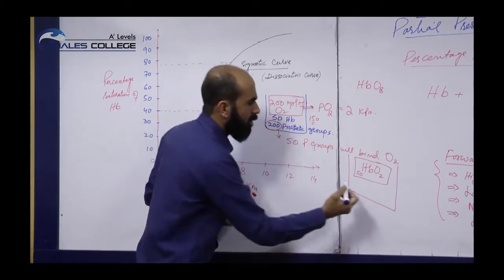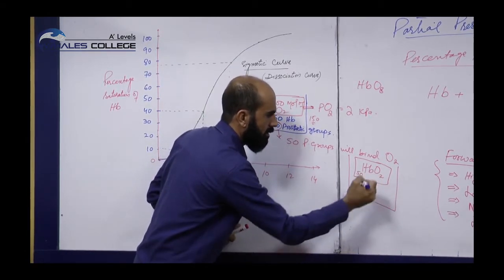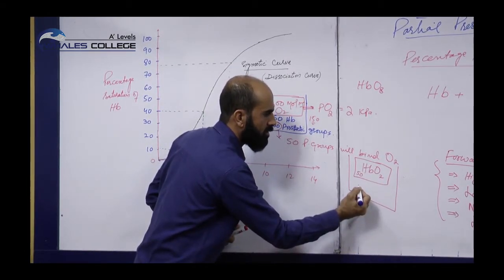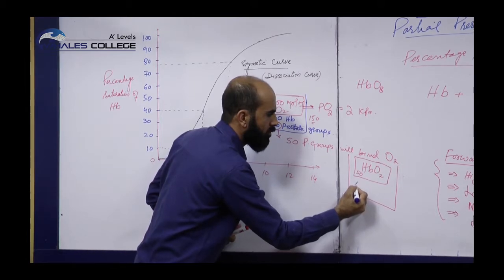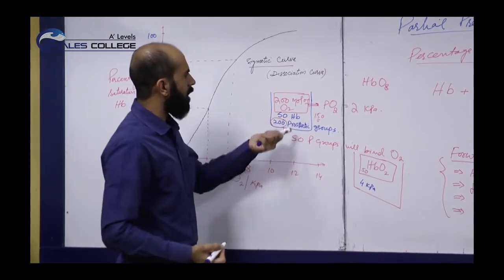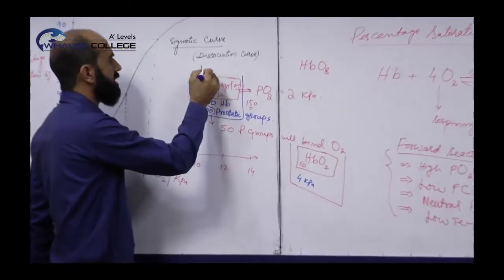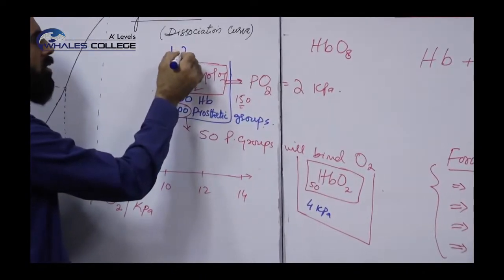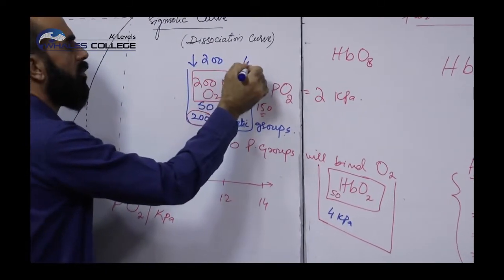And here again, we have increased the partial pressure of oxygen up to 4 kilopascal from 2. Or you can say we just increase the number of oxygen molecules here, 200 more, to make 4 kilopascal.